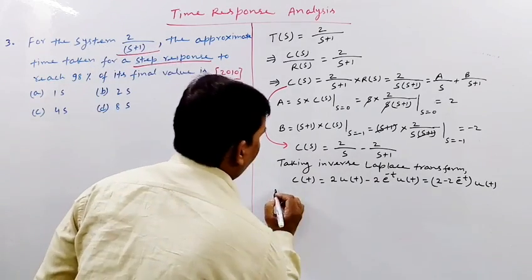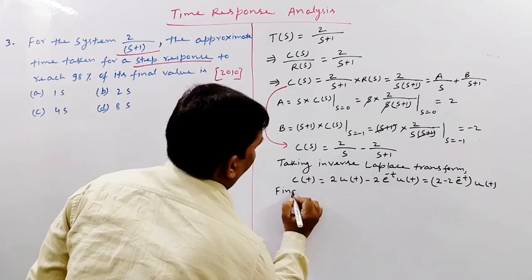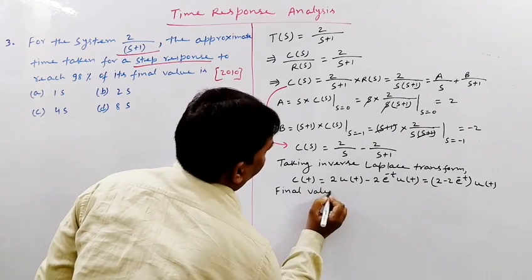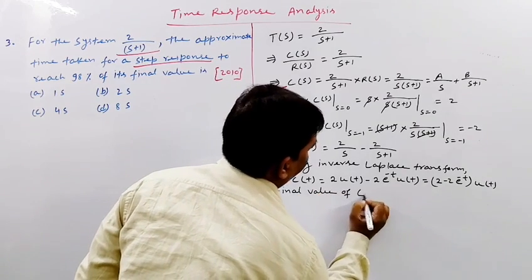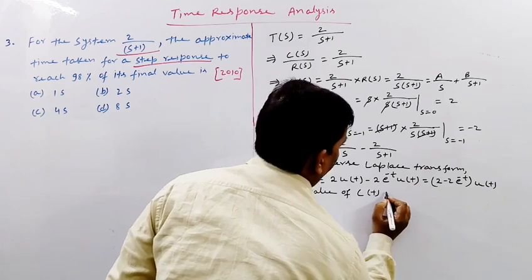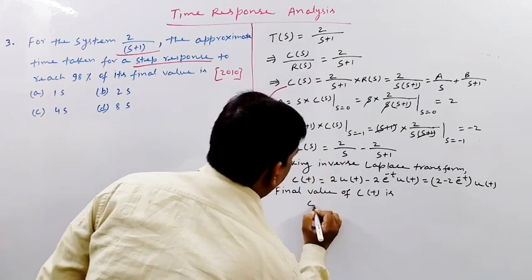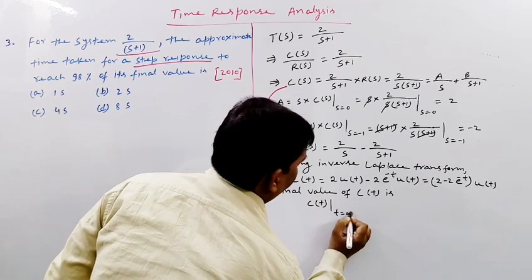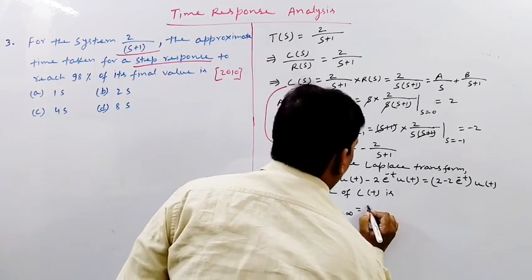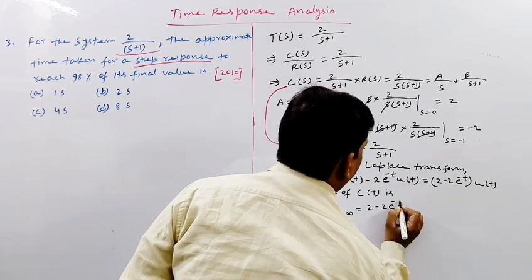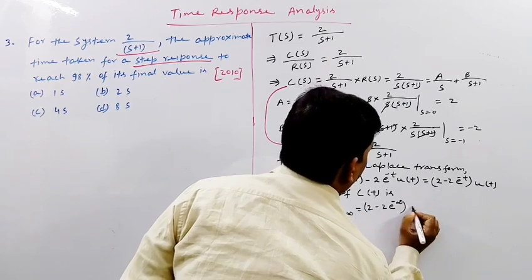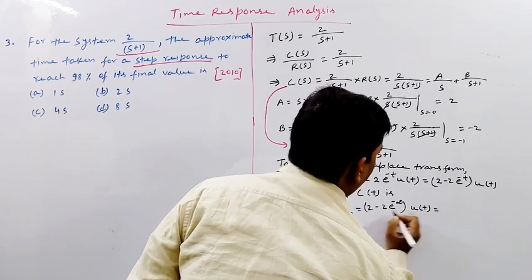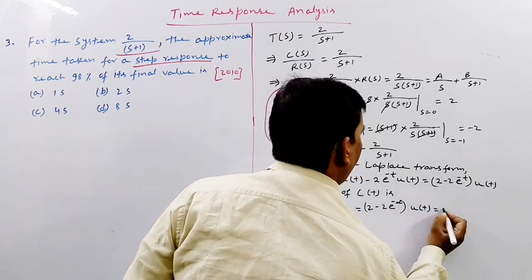So we can write the final value of c(t) is c(t) at t equal to infinity, which is 2 minus 2e to the power minus infinity u(t), and that will be nothing but 0, so it will be 2.